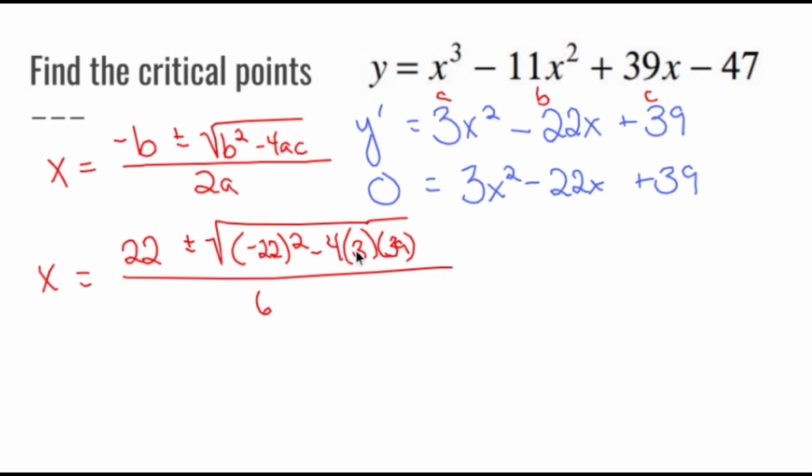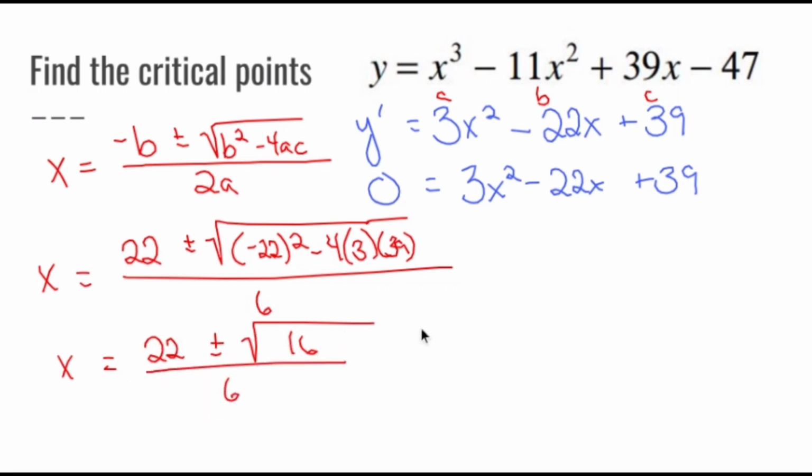Ugh. All right, let's just use Siri. 22 squared minus 4 times 3 times 39. Oh, no way. It's 16. By the way, I said 22 because I knew that would become positive anyway. Oh, how nice is that?